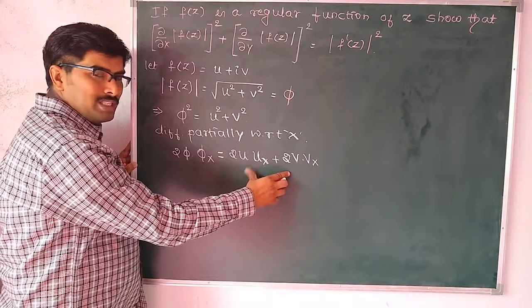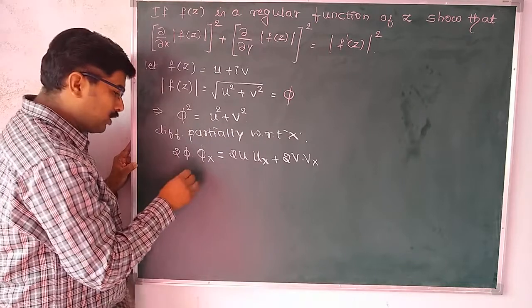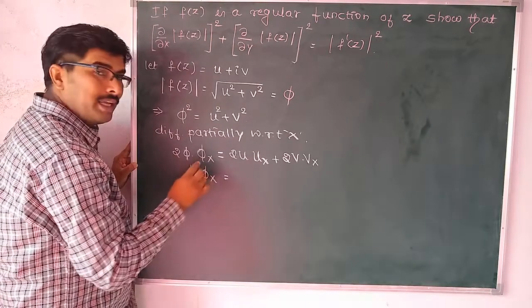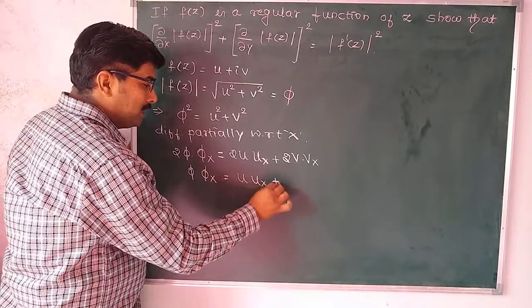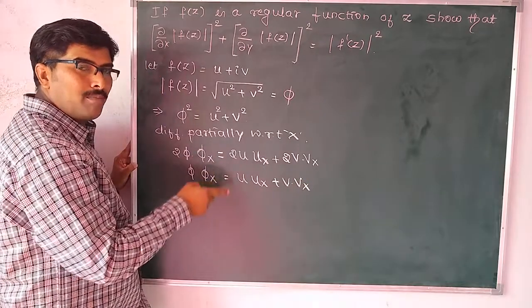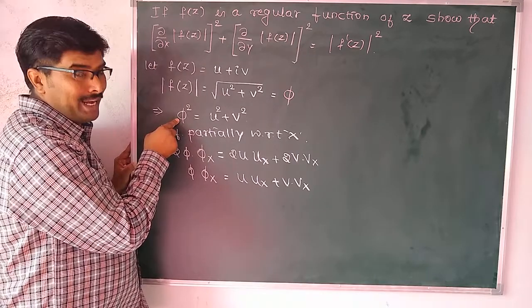So on the RHS you can take 2 common and this 2 gets cancelled with the left hand side too. So we are left with phi into phi x is equal to u into ux plus v into vx. So this is obtained by differentiating the above equation partially with respect to x.